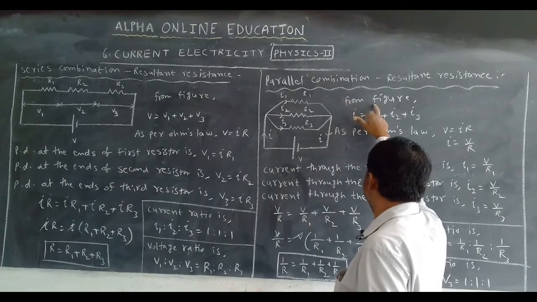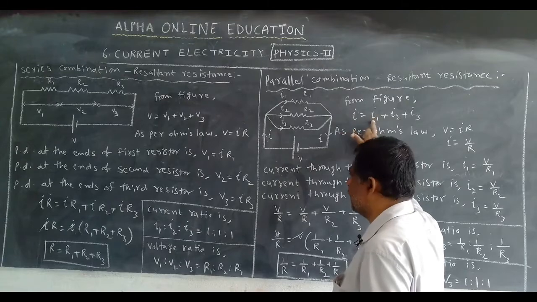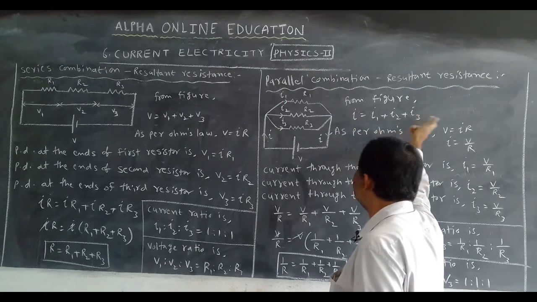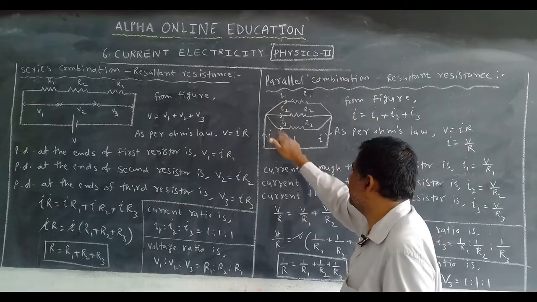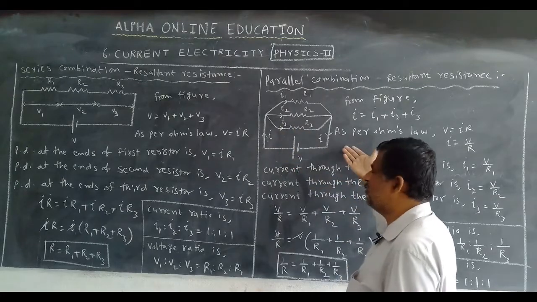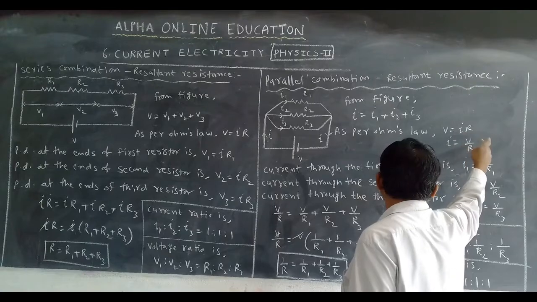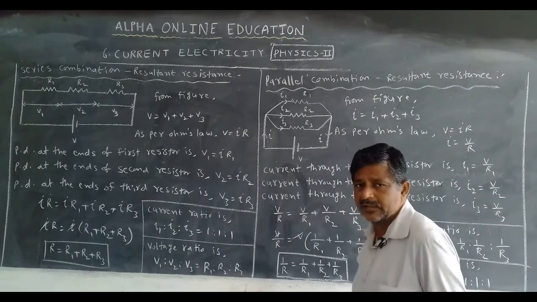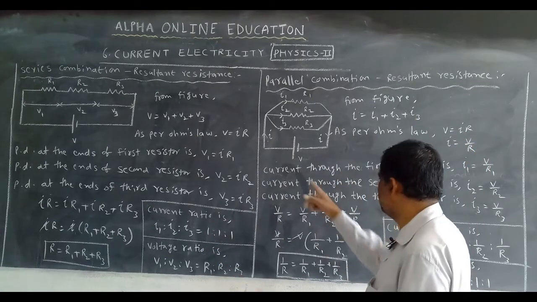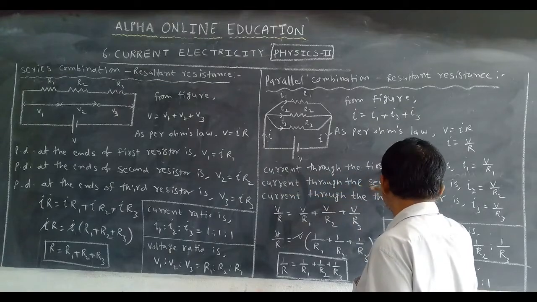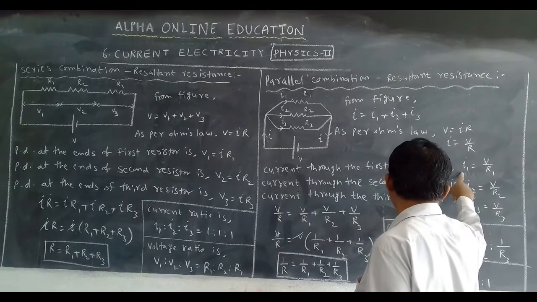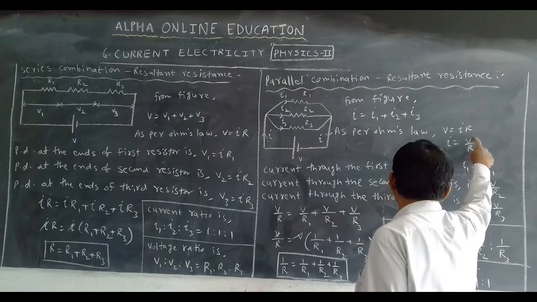Okay, from the figure what can we write? I is equal to I1 plus I2 plus I3, and we know Ohm's law. What is Ohm's law? V is equal to IR. Then I is equal to how much? V by R. And we know that the current through the first resistor I1 is V by R1.